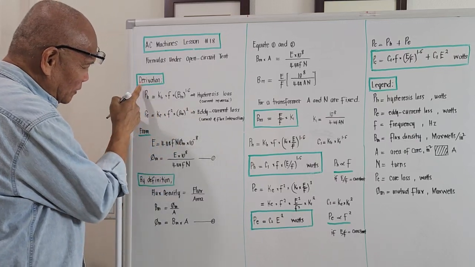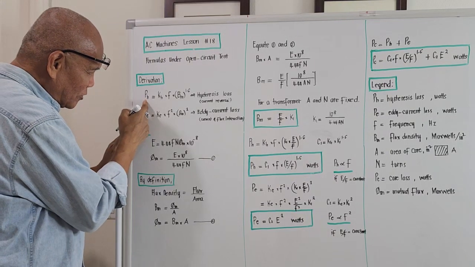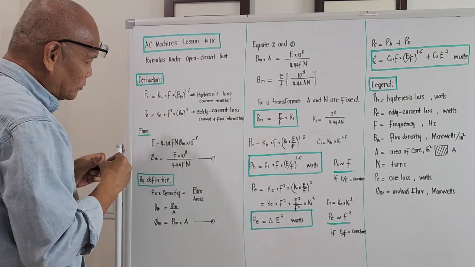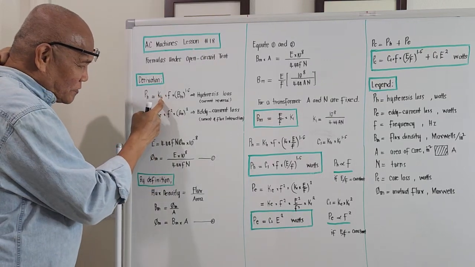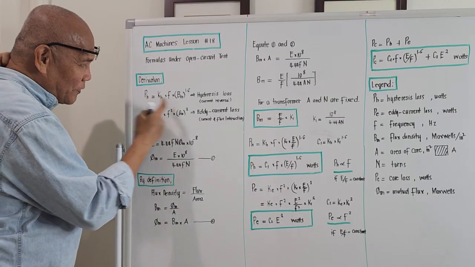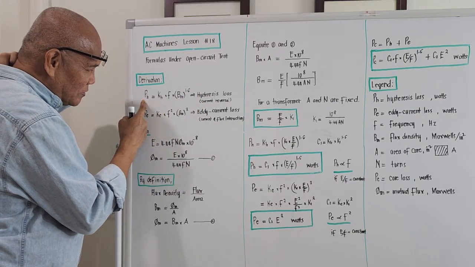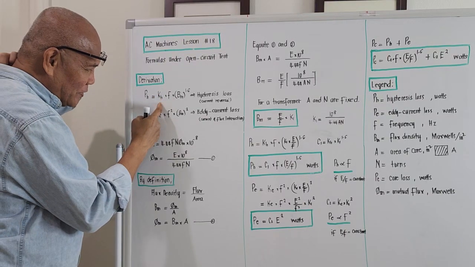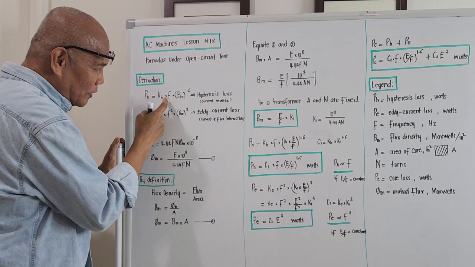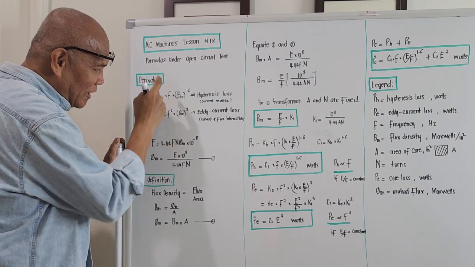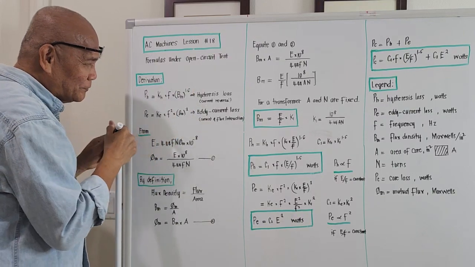So capital letter P with the subscript H, meaning the total hysteresis loss, is equal to capital letter K with the subscript H. All the subscripts refer to hysteresis, right? Hysteresis loss is equal to K sub H, a constant referred to under hysteresis loss, times frequency times capital letter B with the subscript M raised to 1.6.